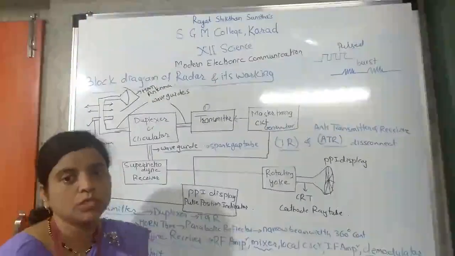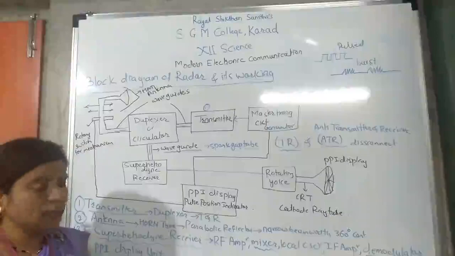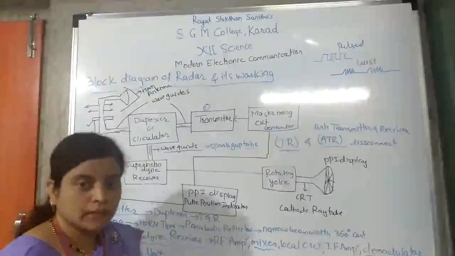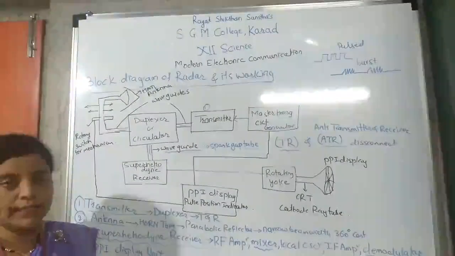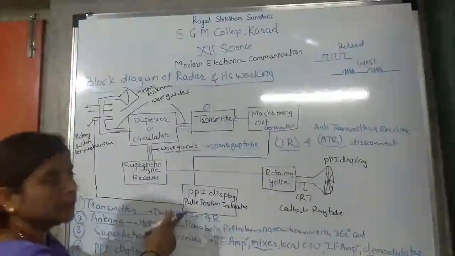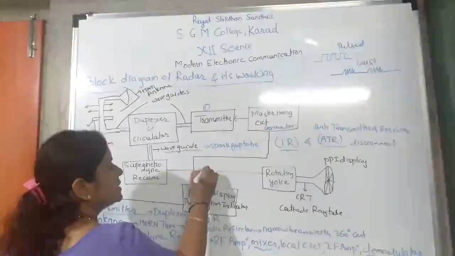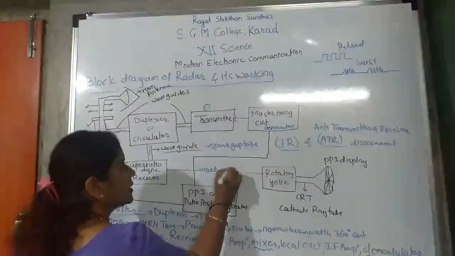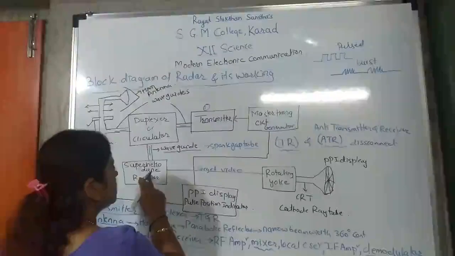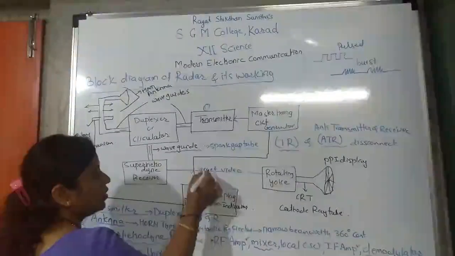So here which circuit is used? Demodulator circuit is used. The output of the demodulator circuit is given to what?